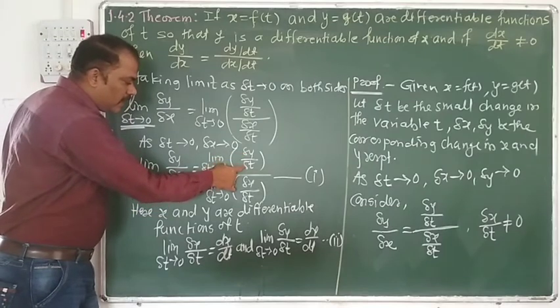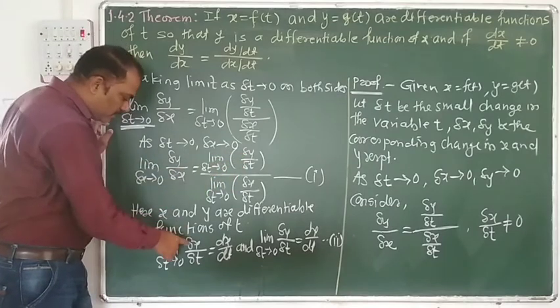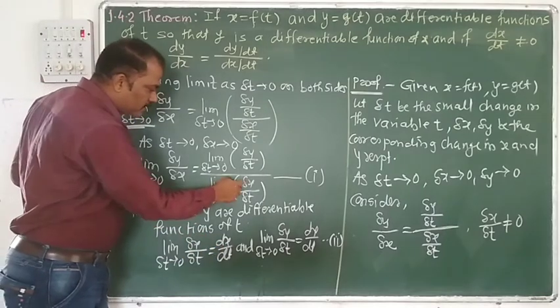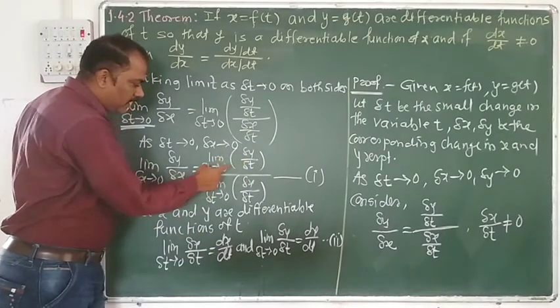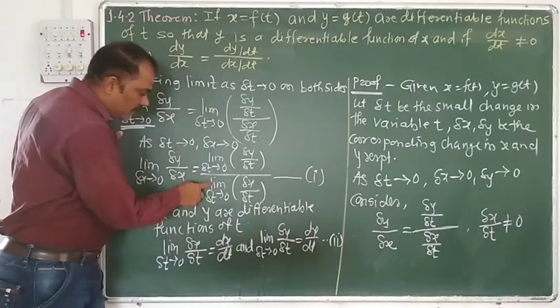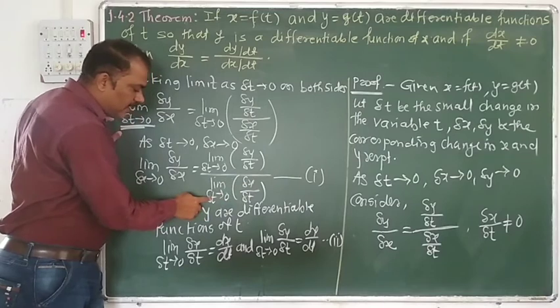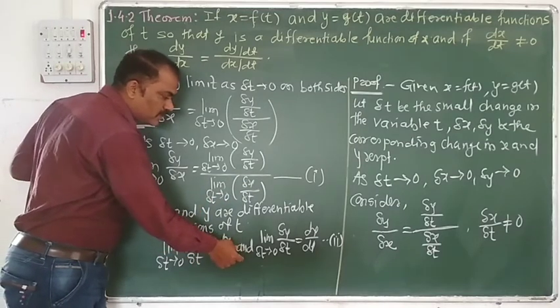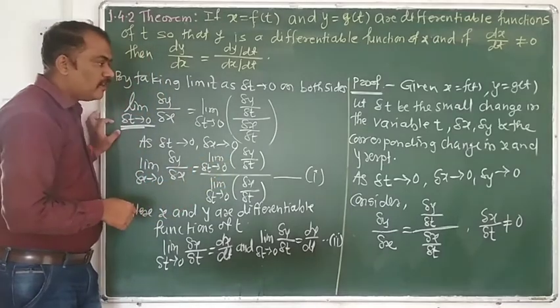The limit of delta y upon delta t as delta t tends to 0, its value is nothing but dy by dt. The limit of delta x upon delta t as delta t tends to 0, its value is nothing but dx by dt. So we use the second in the RHS of the first.